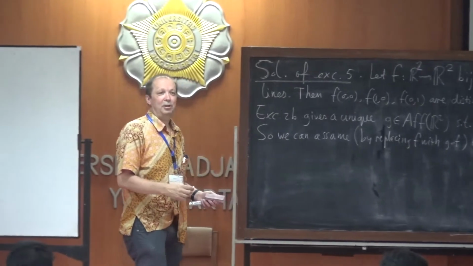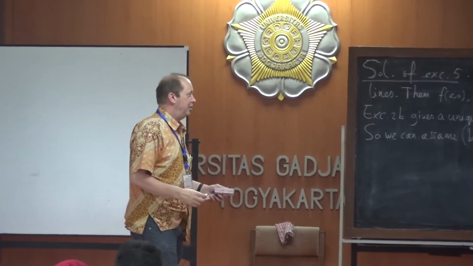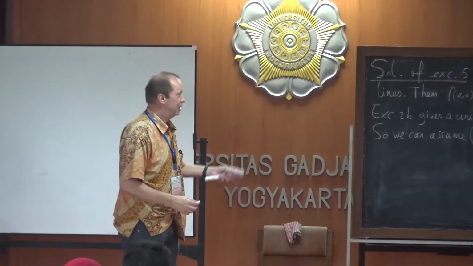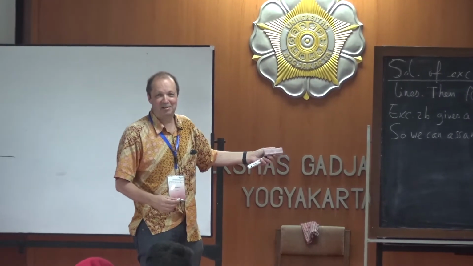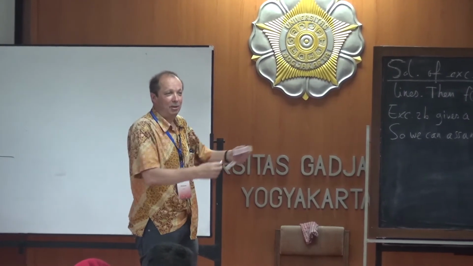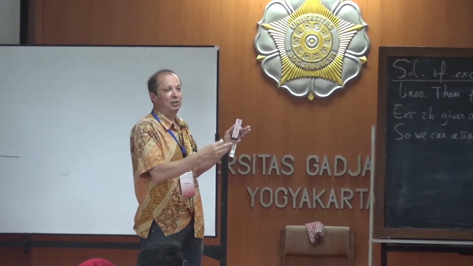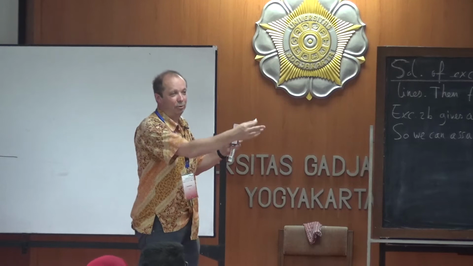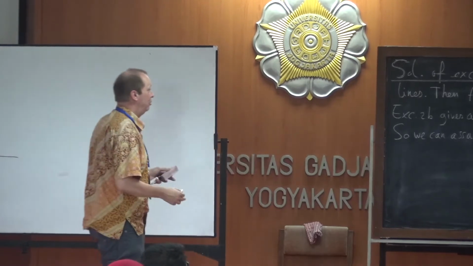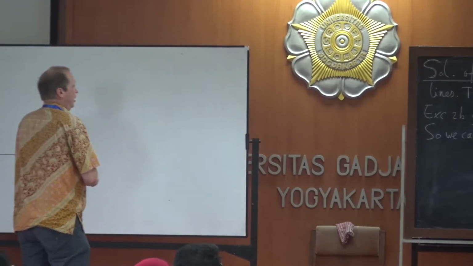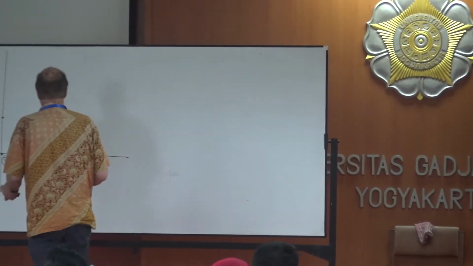So you see that the fact that group elements are invertible is heavily used. Because we use that we can move things from one side to the other. If G composed F is H, then that's the same as F is G inverse composed H. And so we do that. So now I can try to do something, right?